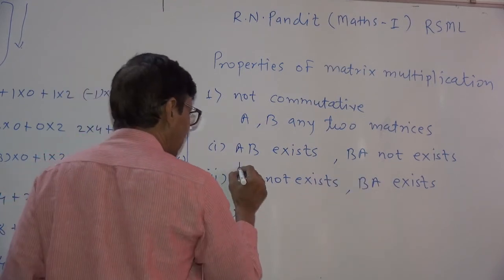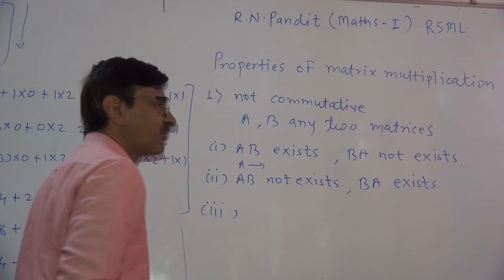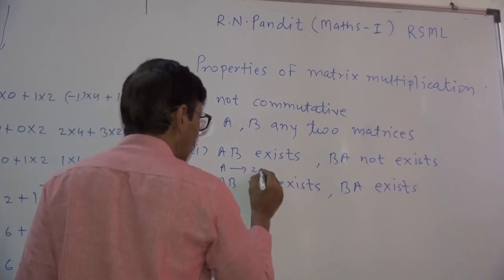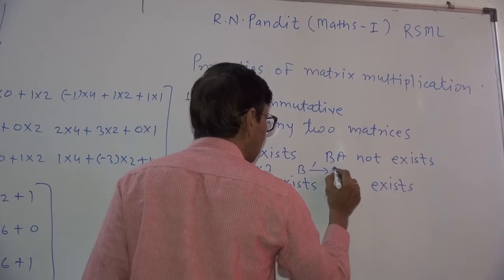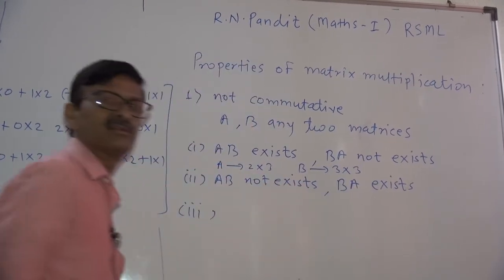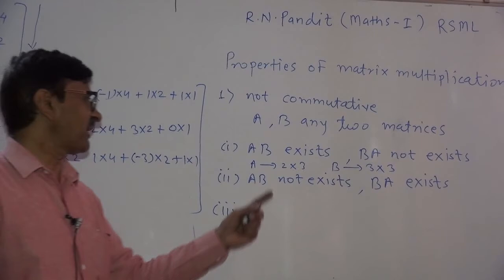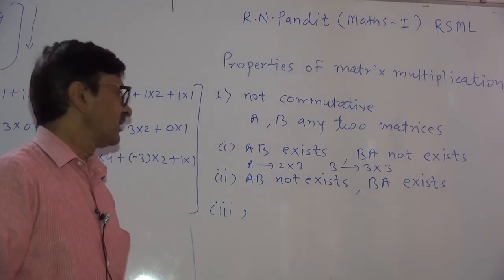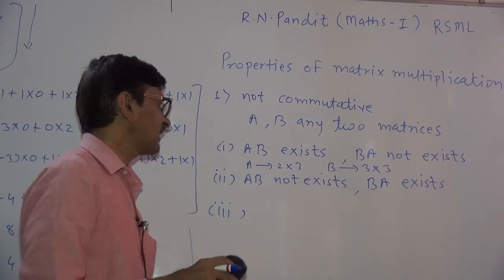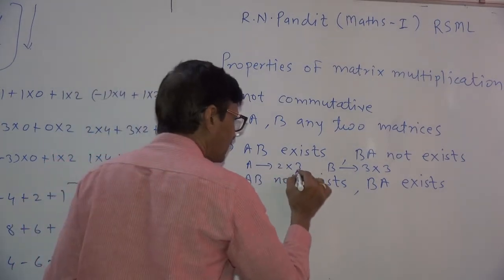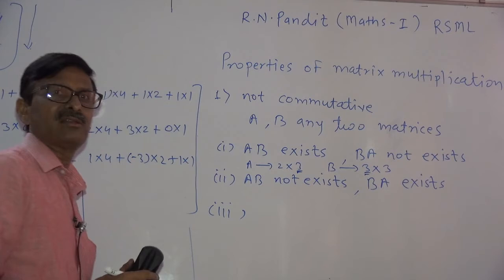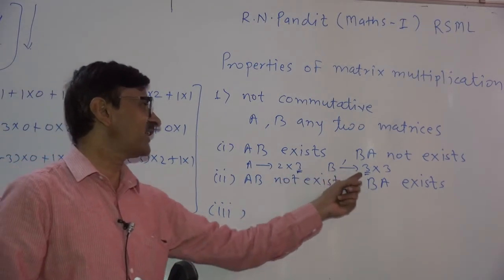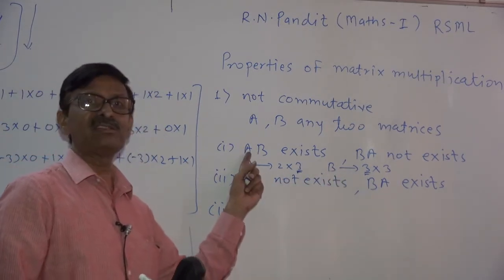Here, suppose I consider a matrix A having order 2 by 3 and matrix B is having order 3 by 3. Now product AB will be existing if number of columns in A is equal to number of rows in B. Now the condition is satisfied, hence product AB is existing.